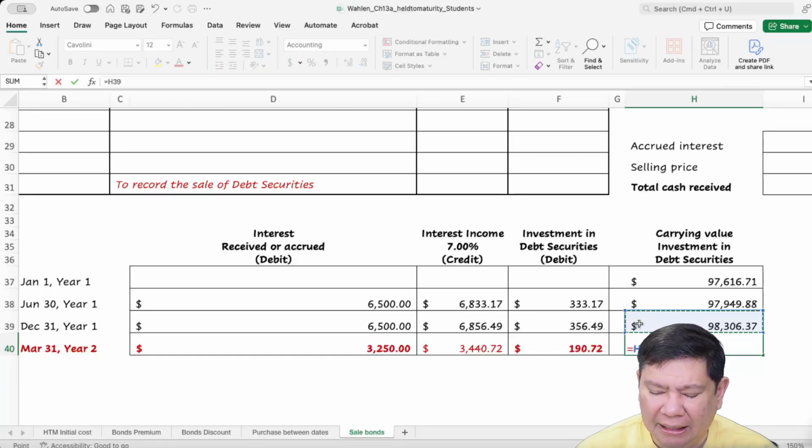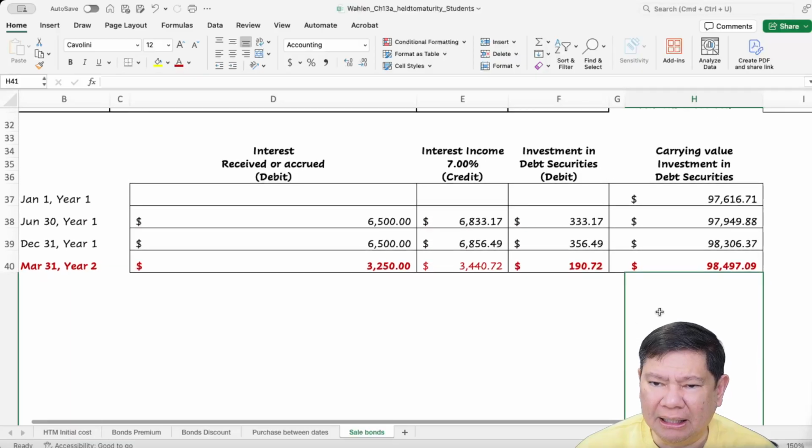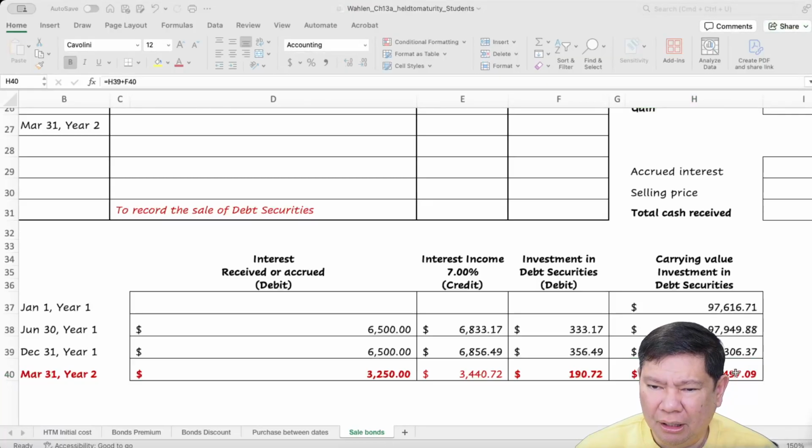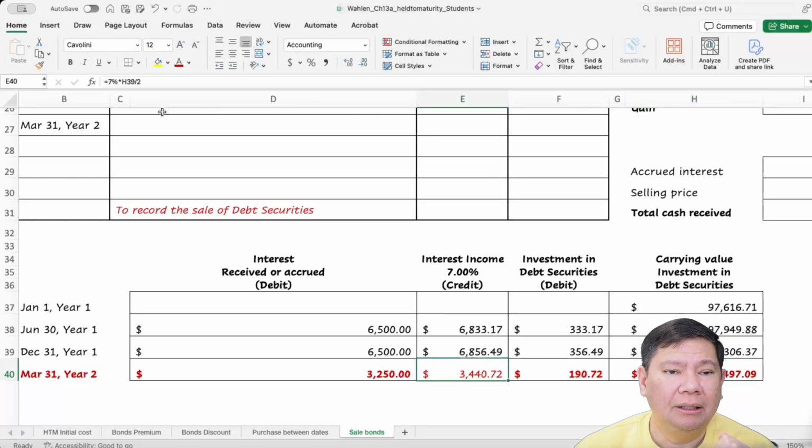And when we add that to the previous carrying value, we have the latest 98,497.09.